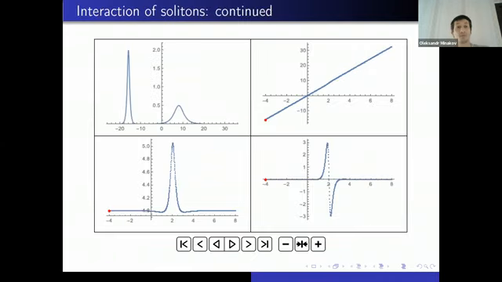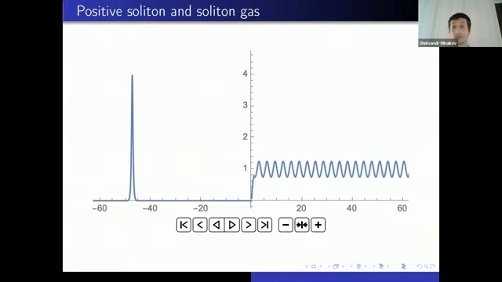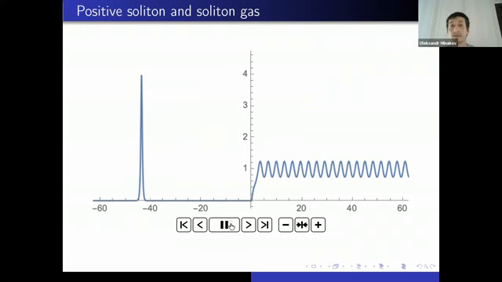Okay. So we saw the picture for the interaction of two solitons. Now we can try to imagine what happens when a soliton interacts with the soliton gas. We can see another animation for this.